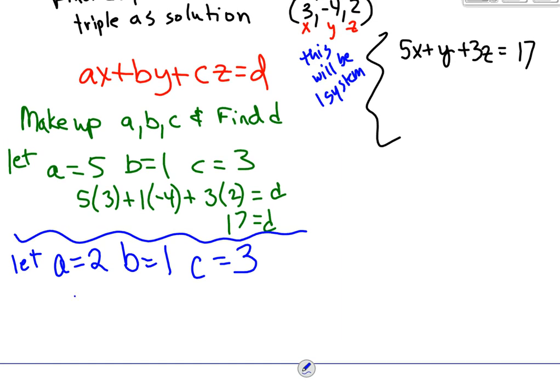So then this one is 2 times 3 plus 1 times -4 plus 3 times 2. Notice, did I change a lot there? No, I just changed one number and I'm good to go. And that's D. What's this D?